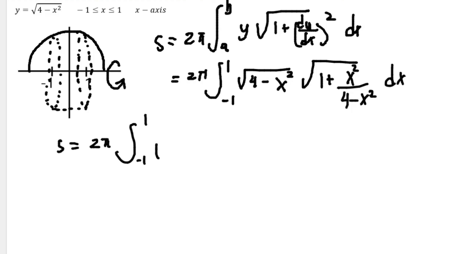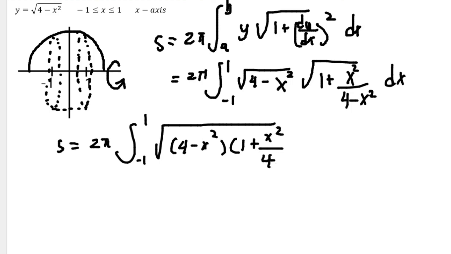So we got negative 1 to 1. And we can just put 4 minus x squared into the radical sign of the other one. So we got 1 plus x squared over 4 minus x squared. And then we can just distribute the 4 minus x squared into the other quantity.